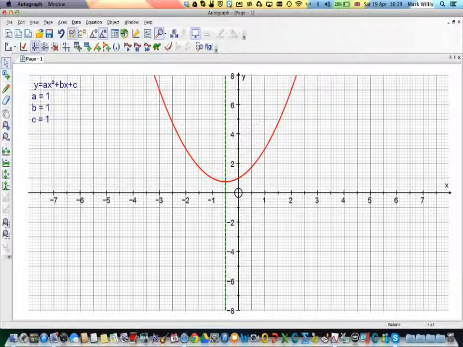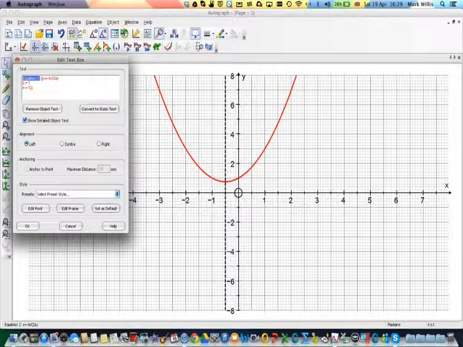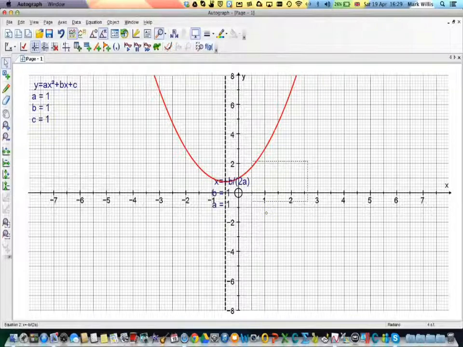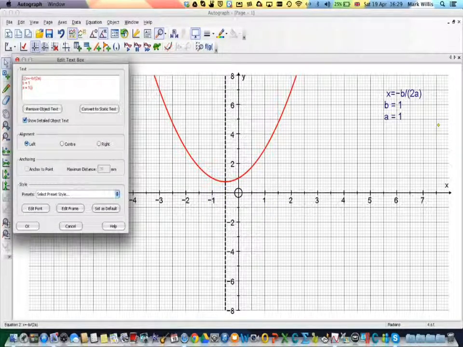And we'll label that one as well, so text box. Okay, and we'll just move that over to here. Now you might notice that this line is a line of symmetry, so we'll just add in there at the beginning, line of symmetry.